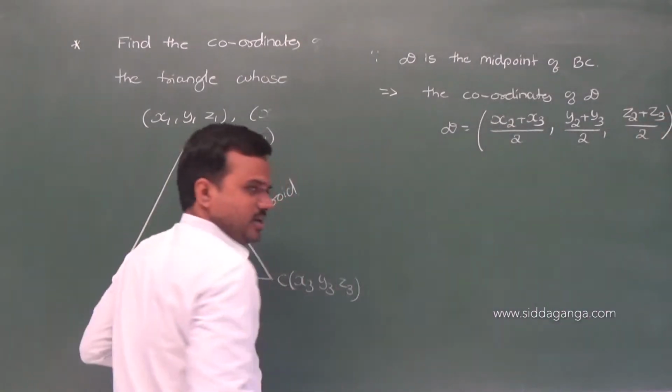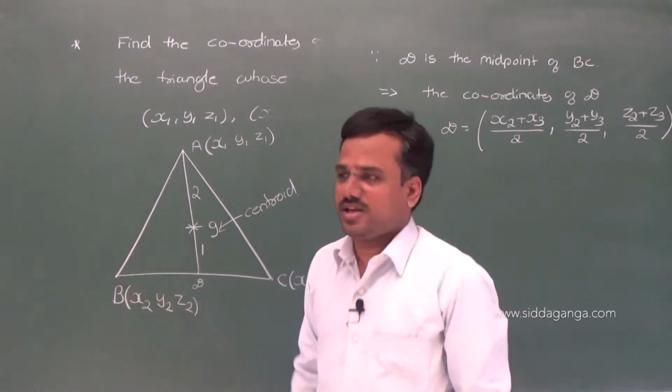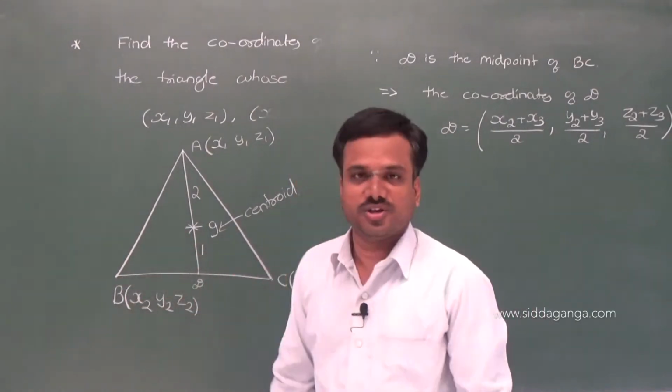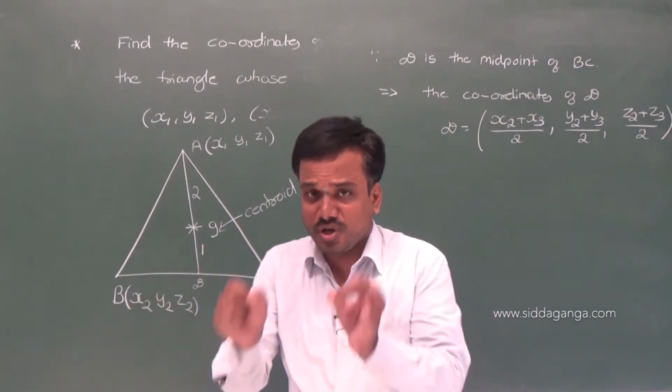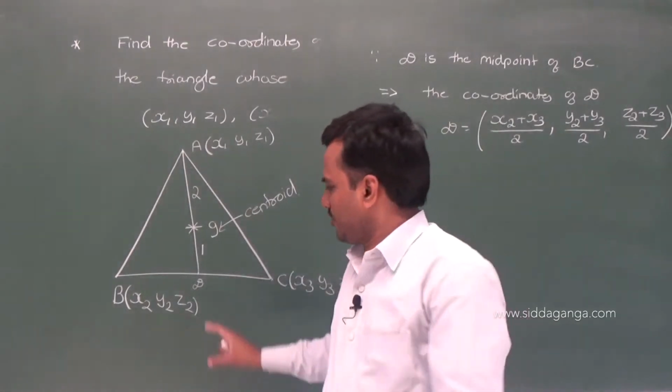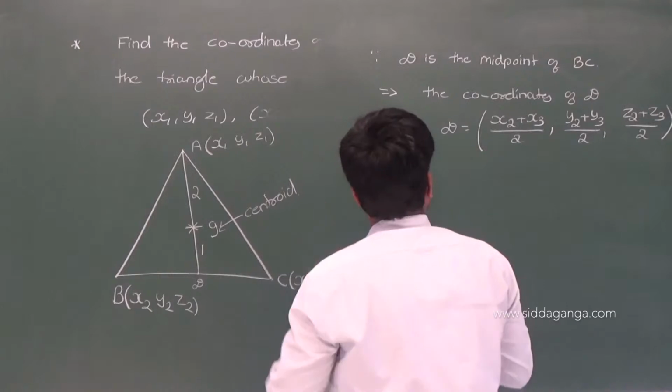Since D lies exactly at the midpoint of BC, using the midpoint formula, we find the coordinates of D, correct?